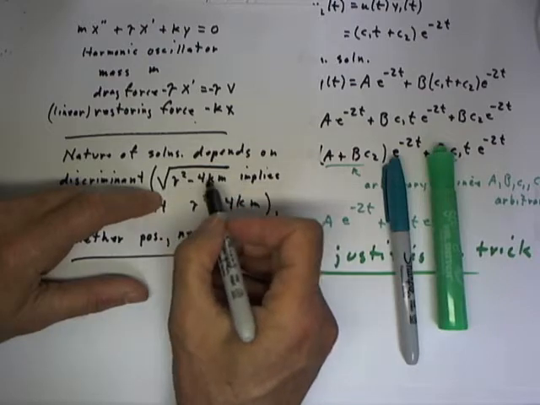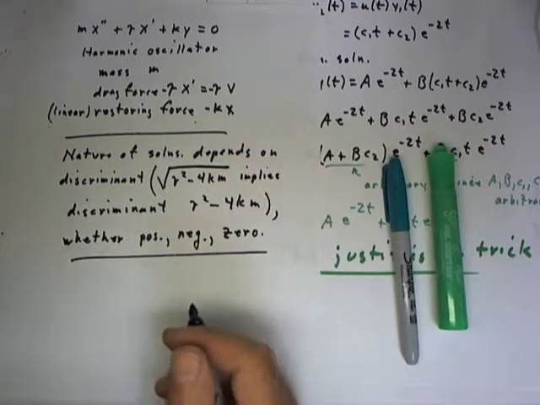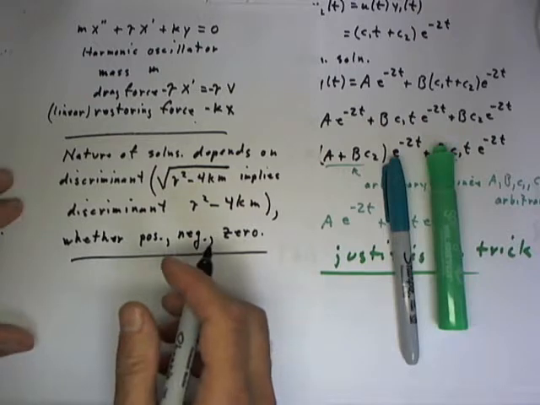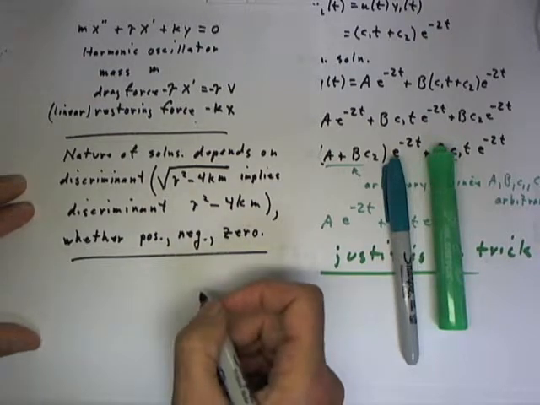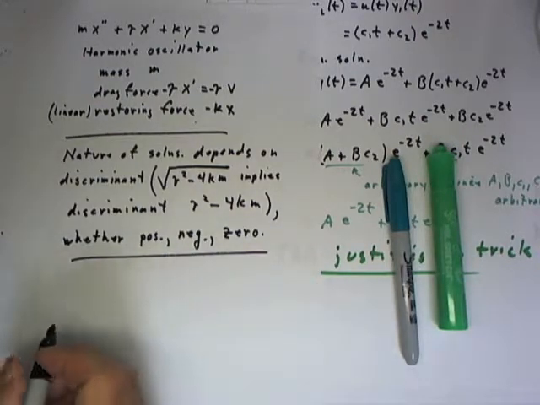The square root of the negative discriminant is going to give us an imaginary number, and we'll use Euler's identity and we'll get oscillating solutions, sines and cosines.